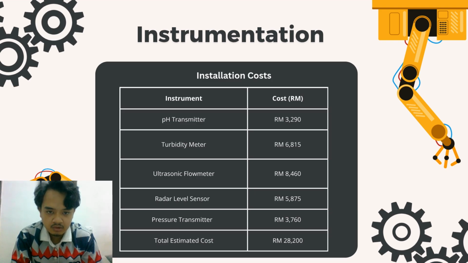For turbidity meter, 6,815 ringgit. And then for ultrasonic flow meter, 8,460 ringgit. For radar level sensor, 5,875 ringgit. And then the last one is pressure transmitter, 3,760 ringgit.